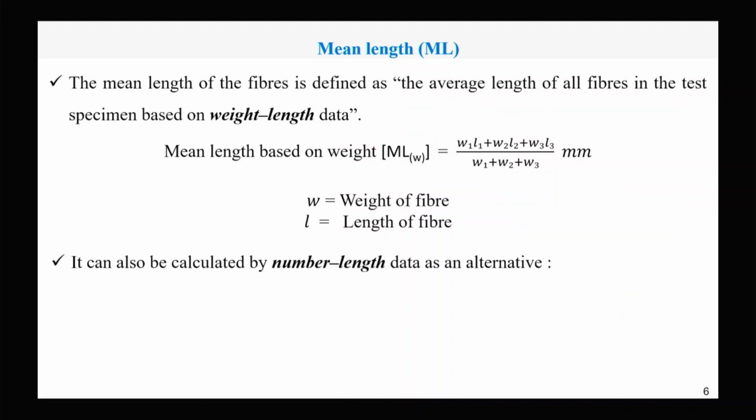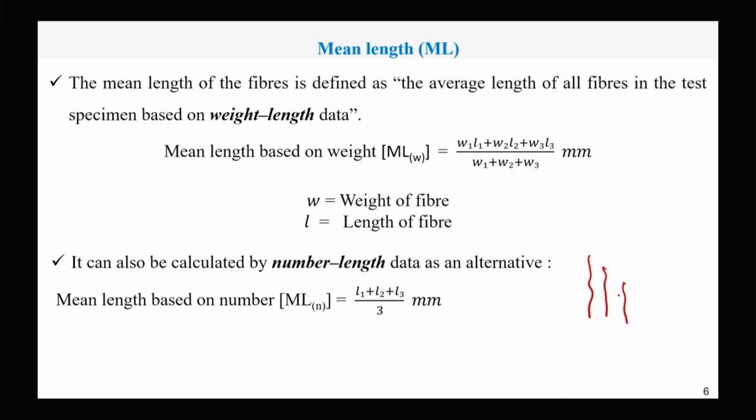Next parameter is number length, where number length is very straightforward based on the number. Suppose L1, so 3 fibers are there, 1, 2 and 3, L1, L2 and L3. So simply we can add and divide by 3. This is number. Now L1 length, suppose L1 length zone. Earlier case we have measured the weight.